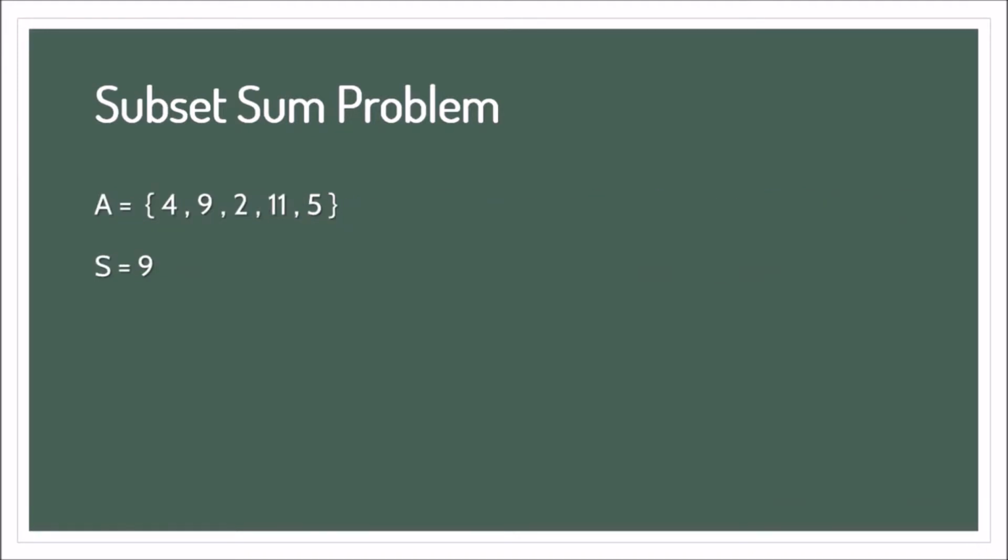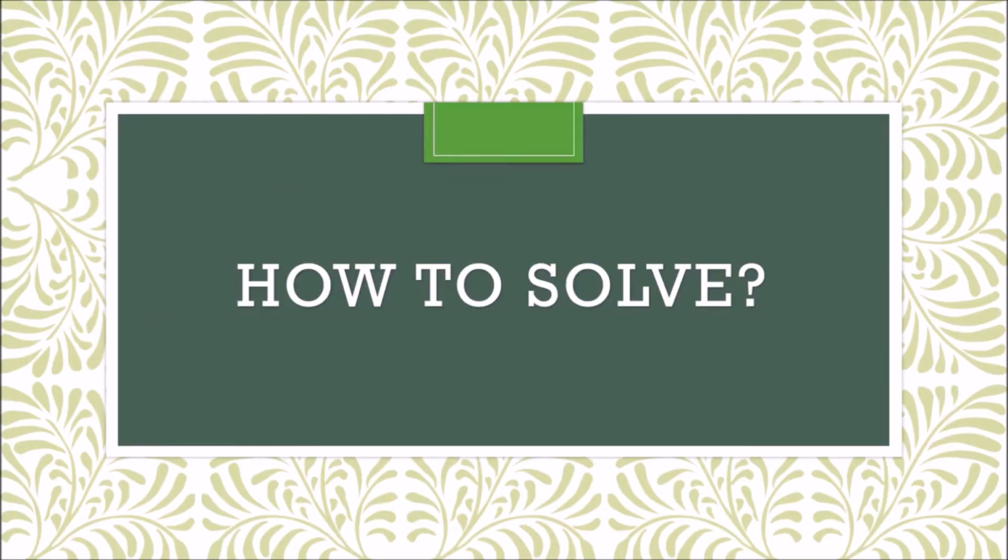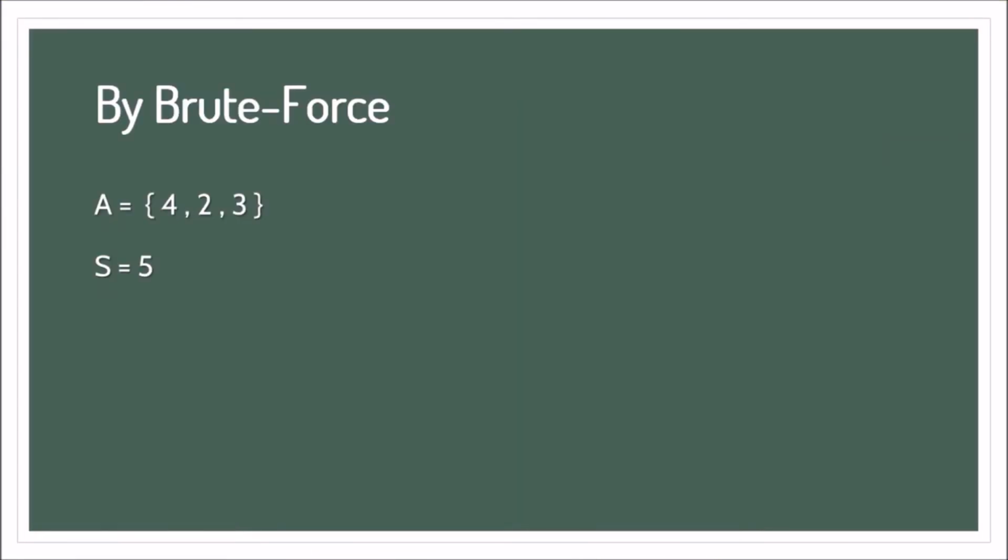For example, set A containing 4, 9, 2, 11, 5, and sum equal to 9. The output is true since there is a subset containing 9 and a subset containing 4 and 5, whose sum is equal to 9. How to solve this problem? The most inefficient way to solve this problem is by using brute force.